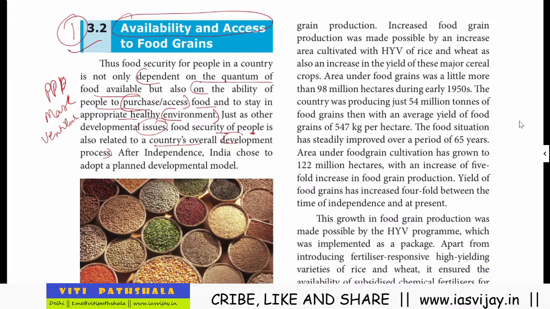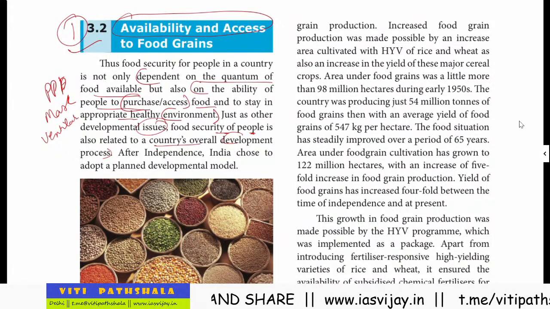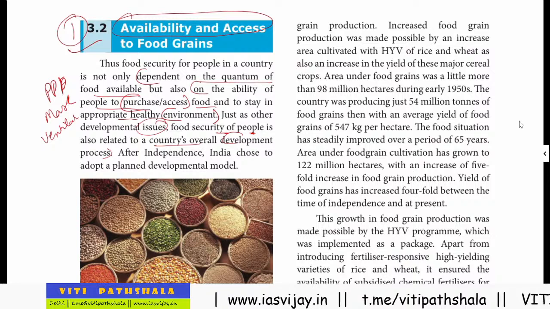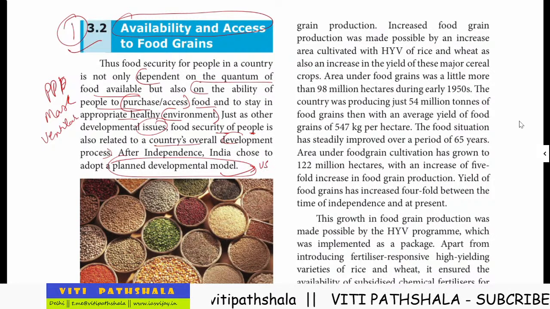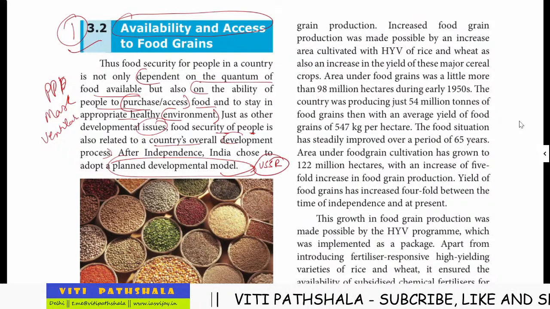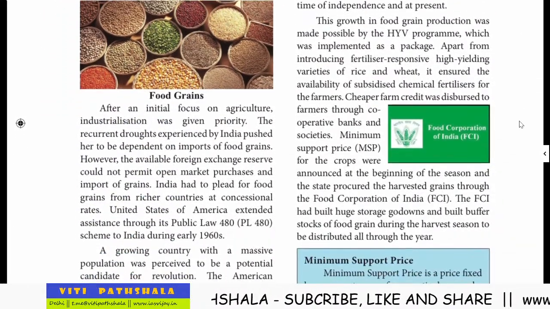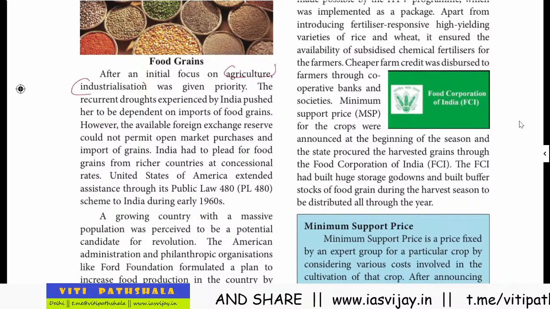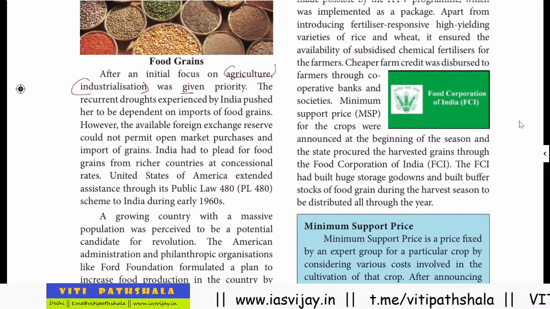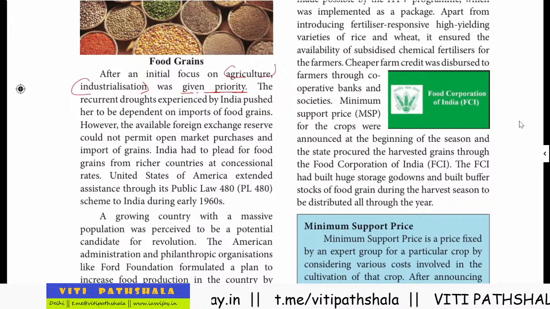Now after independence, India chose to adopt a planned developmental model, which was emphasized from the USSR, the erstwhile USSR. Now, for food grains, after an initial focus on agriculture, industrialization was given the priority.